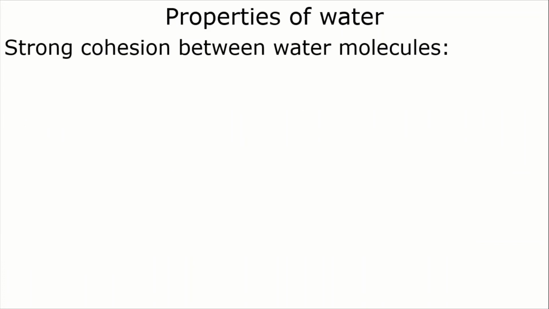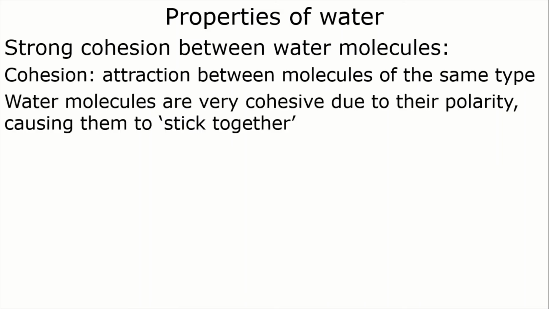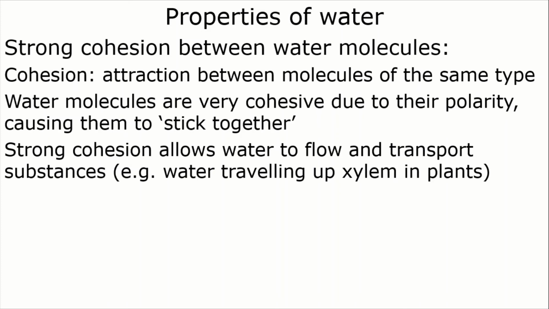Water also exhibits a really strong cohesion between water molecules, and cohesion is attraction between molecules of the same type. So water molecules are cohesive because they're attracted to other water molecules. And this is because of their polarity, and it causes them to stick together.